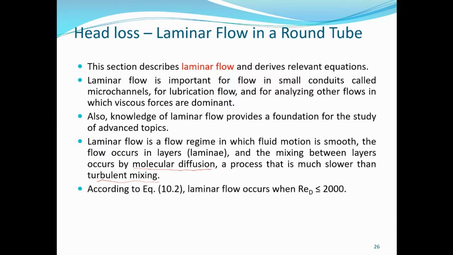According to equation 10.2, laminar flow occurs at Reynolds number less than or equal to 2000, and turbulent flow occurs at Reynolds number greater than 3000. But don't forget, like I mentioned in other texts, laminar flow is said to occur up to 2300, and turbulent flow at Reynolds number greater than 4000.